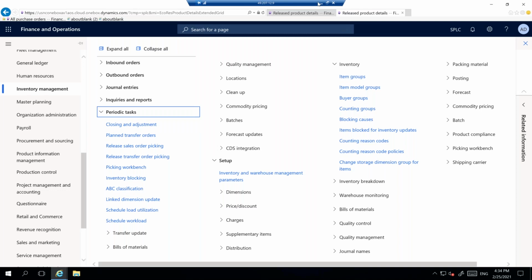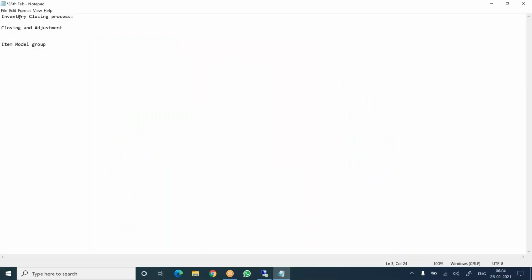Okay, so it is in inventory management, periodic tasks.